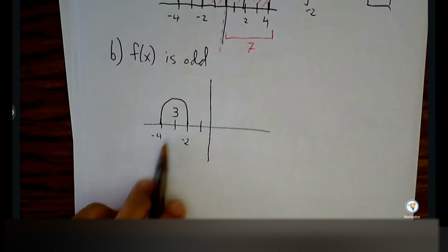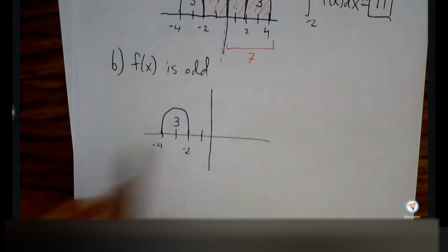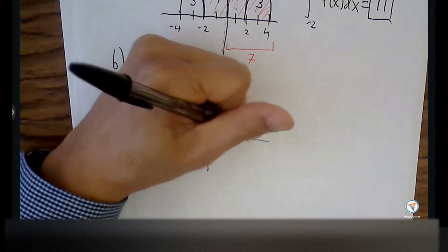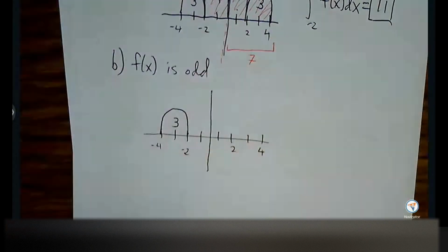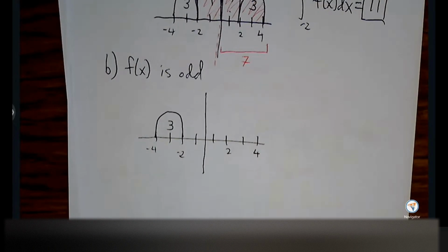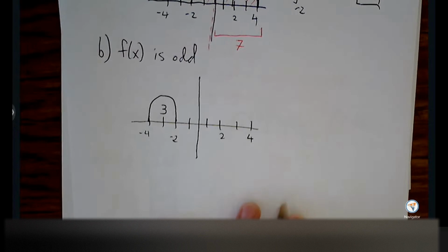So if this region is 3, the difference with odd is that we're creating equal but opposite on the other side. So if this side is 3, then this side is going to exhibit what? There you go, -3.